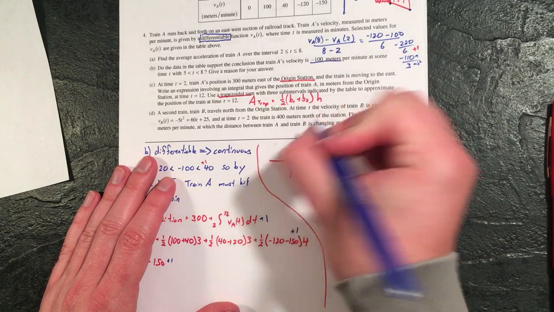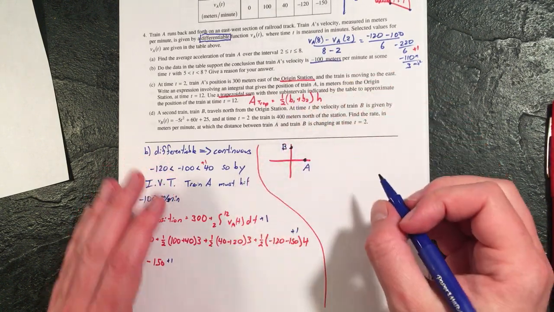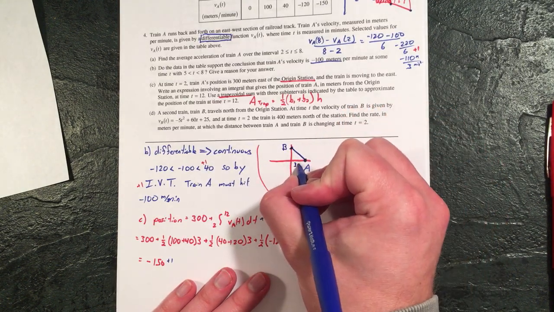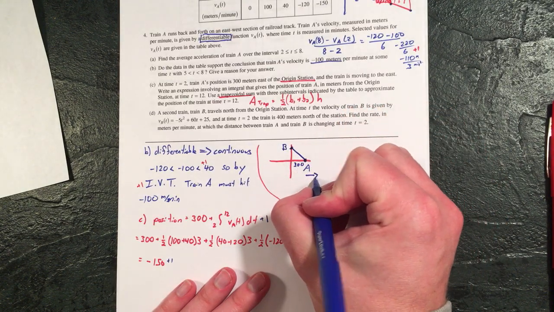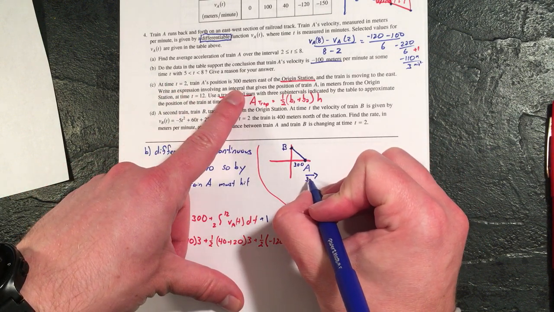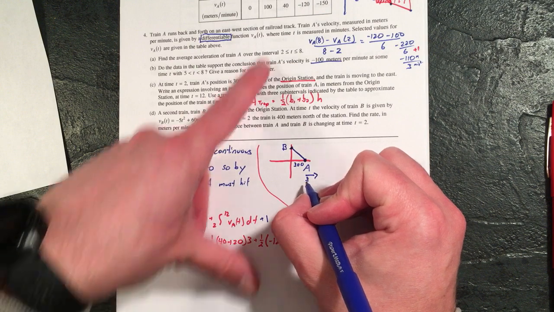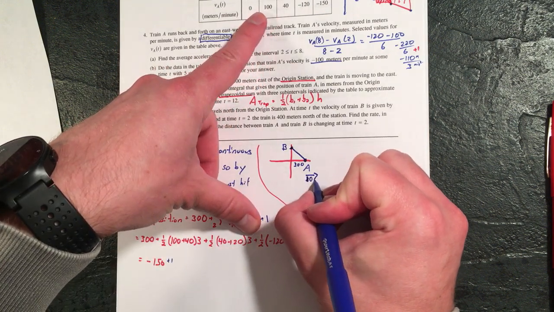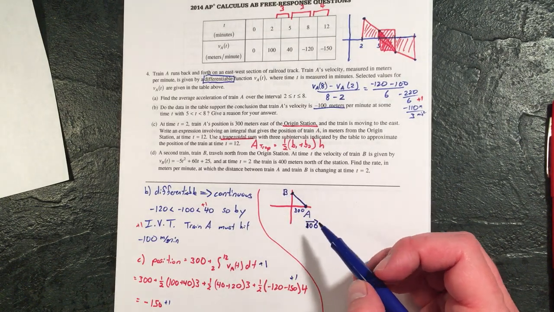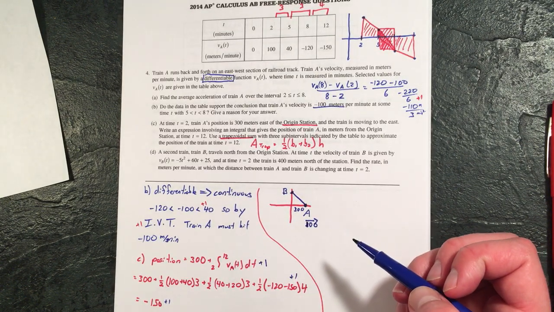Train A here, train B here, and we know this initial distance is 300, and it's moving out at a rate of 100, which is given in the question itself. So at that exact moment, at time t equals 2, it's moving out at 100.